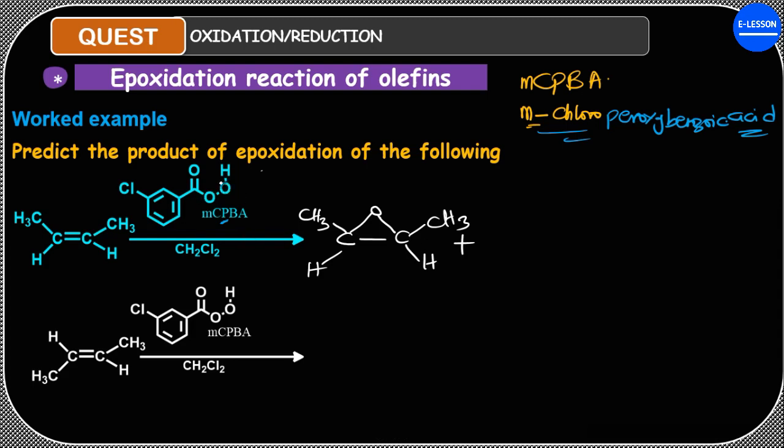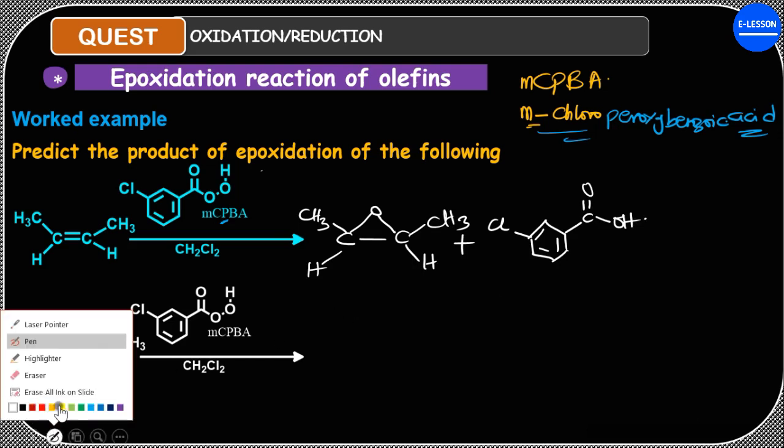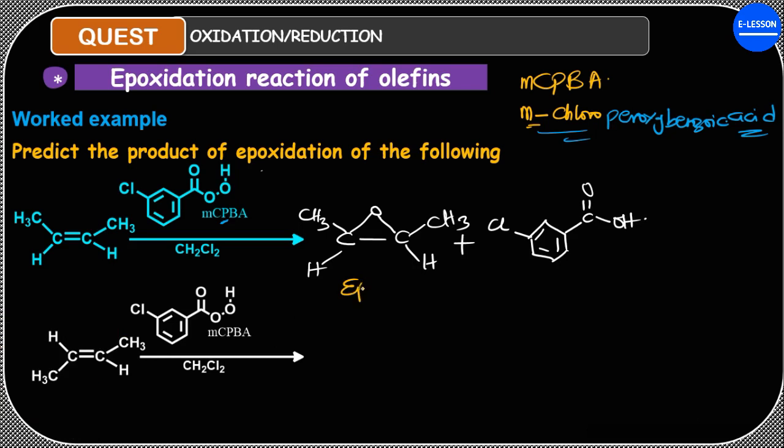So we will not be having 2 O here, but just 1 O. So this gives us this structure, which is one of the products of this reaction. So we have chloro, C double bond O, and then you have OH. Are you getting that? So this is the epoxide that is formed, and then this is the acid that is formed.